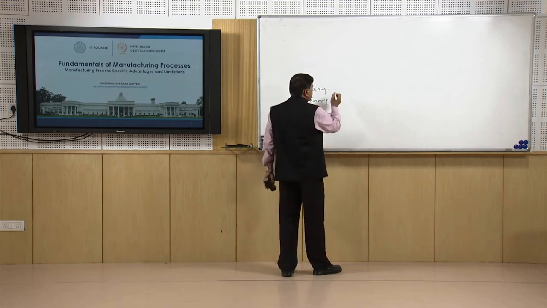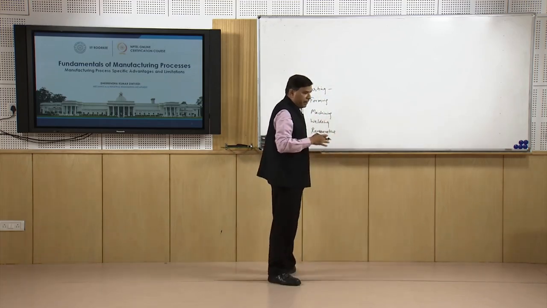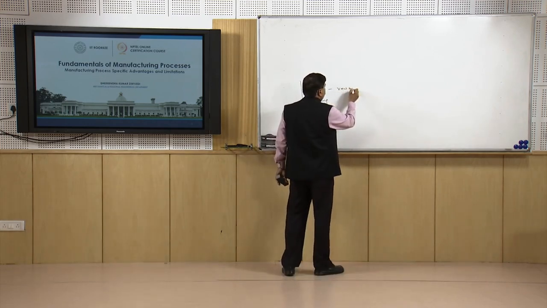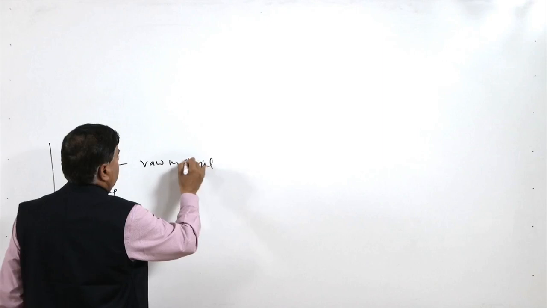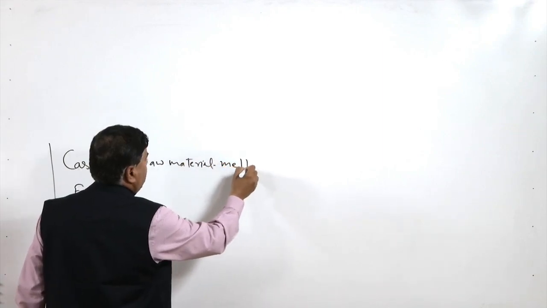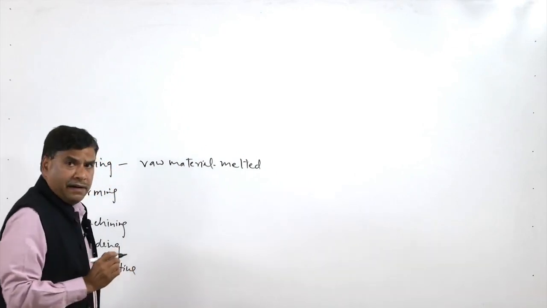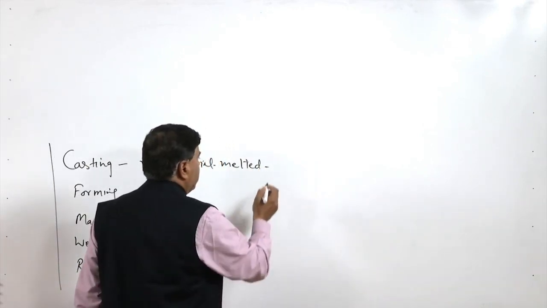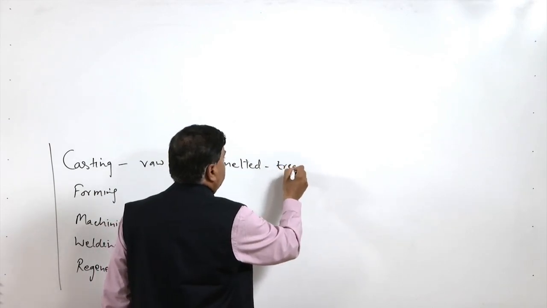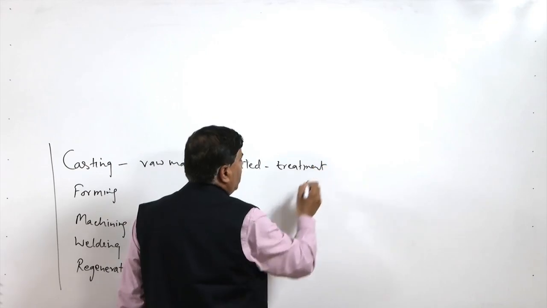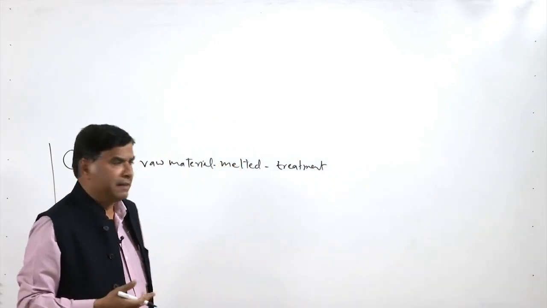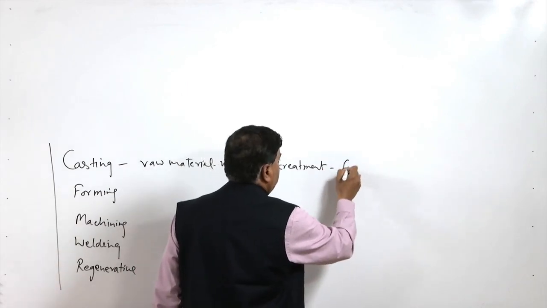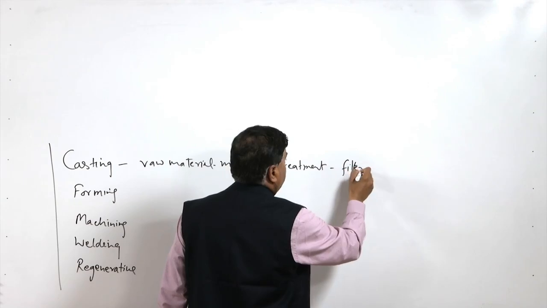In casting processes, what is needed to manufacture a product? First, the raw material is melted, and then, to clean the impurities from the molten metal, treatment of the molten metal is carried out, like degassing, fluxing, etc. Thereafter, impurities are filtered if they are present.